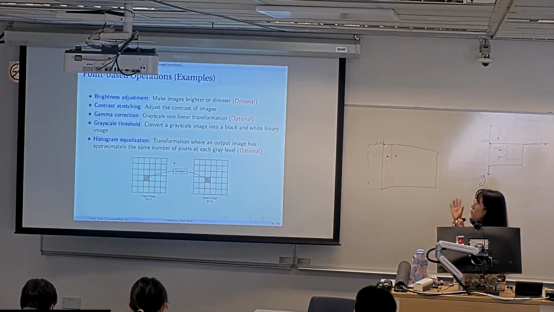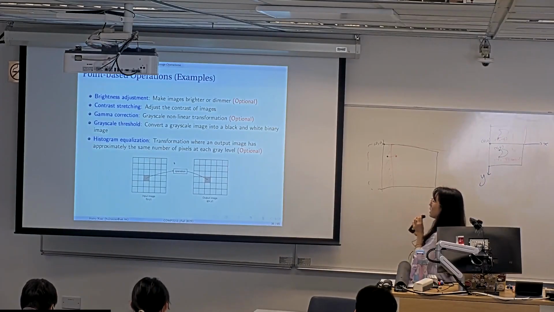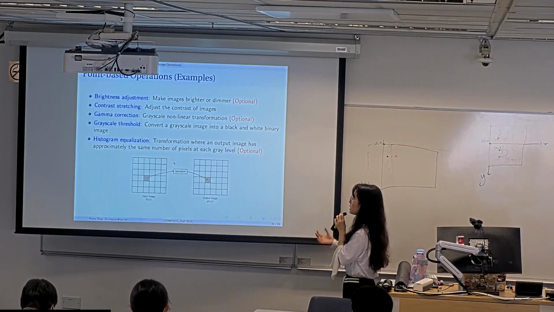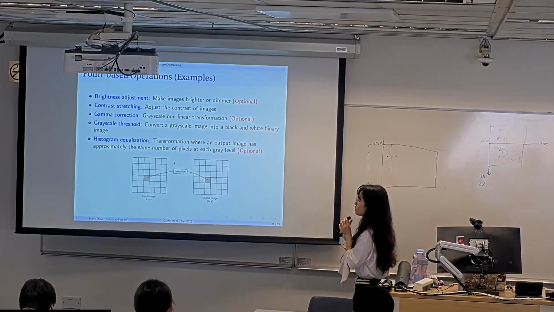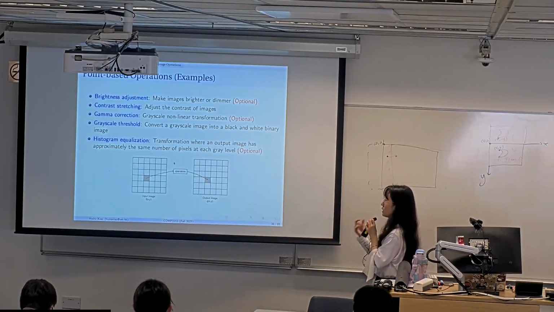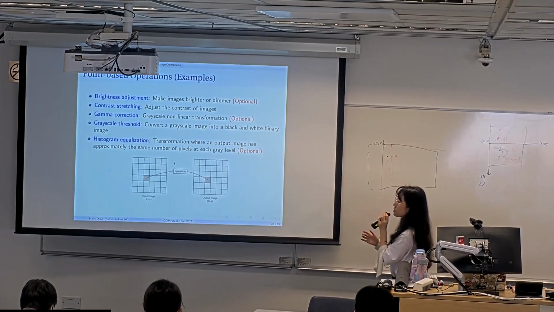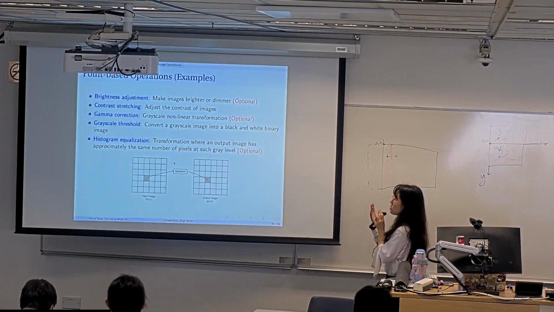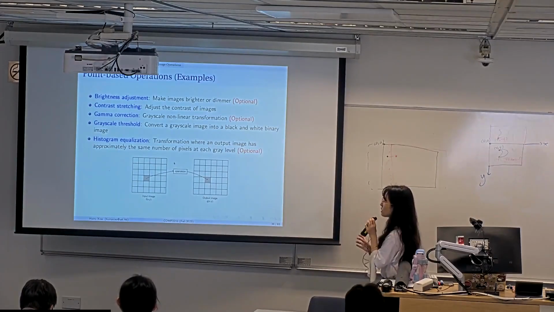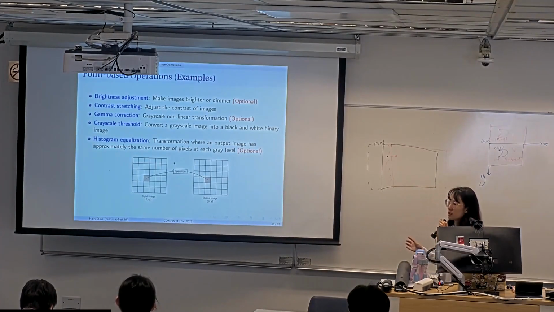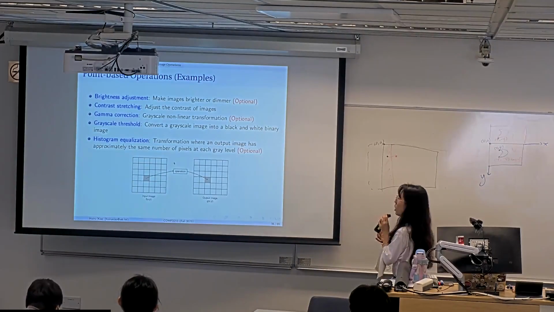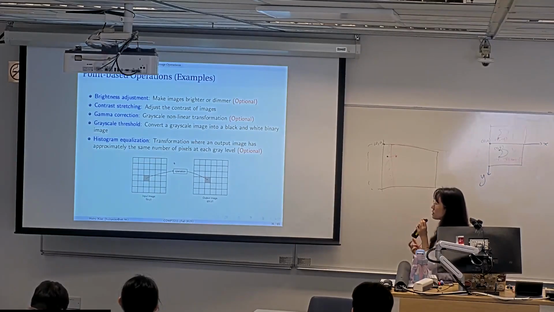Actually, we have more point-based operations, like brightness adjustment, that makes the images brighter or dimmer. And contrast stretching, that adjusts the contrast of images. And also gamma correction, a grayscale nonlinear transformation for the images. Also grayscale thresholding, which converts the grayscale image into a black and white binary image. And then histogram equalization, a transformation where an output image has approximately the same number of pixels at each gray level.